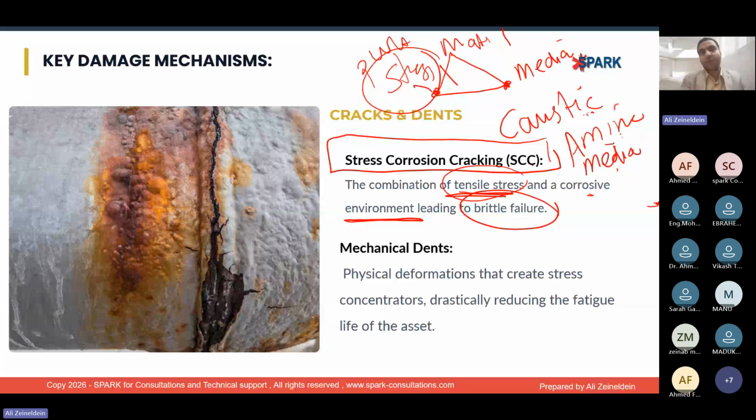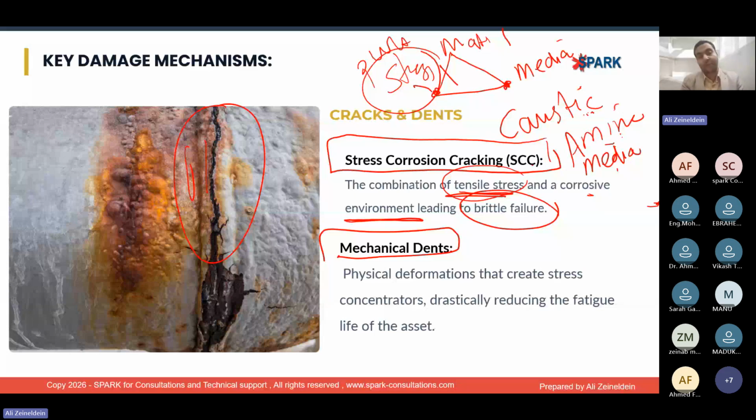Additionally, we are talking about the mechanical dent. A mechanical dent is also considered one of the major threats we should focus on. Sometimes a heavy vehicle passes over the flow line or the trunk line without any sleeve or barrier, and dents will be in place.